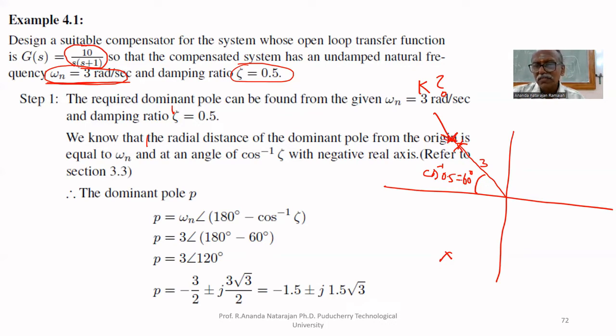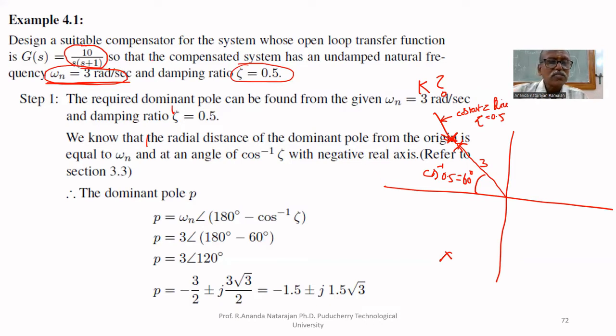The cos inverse of 0.5 is 60 degrees, which means this is the constant zeta line, zeta equal to 0.5. That is 60 degrees from the negative real axis.